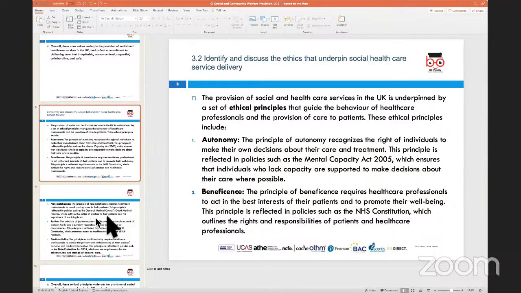Now, the second bit that we look at is beneficence. If we look at the meaning of the word, beneficence basically is defined as an act of charity or mercy or kindness.